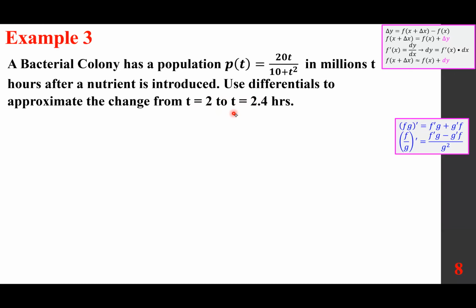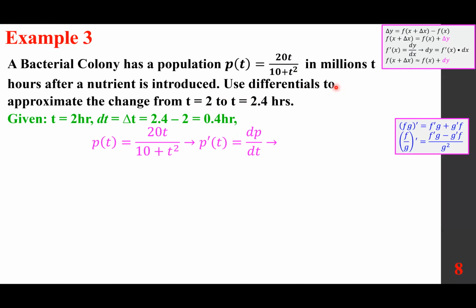That's the given. And here's P of t, since we want to use differentials to approximate the change. That means if P of t is given, P prime or dP dt. Therefore, we want dP, which is the product of these two.